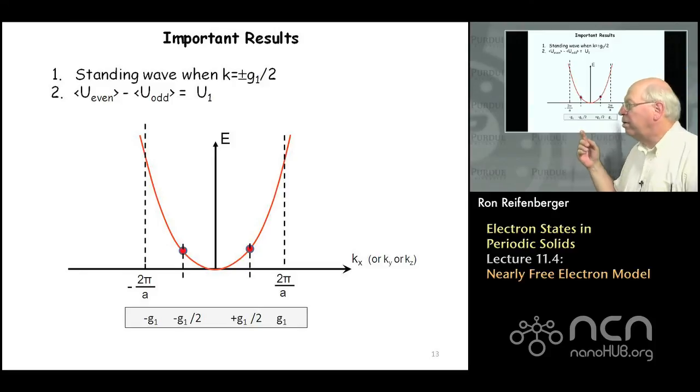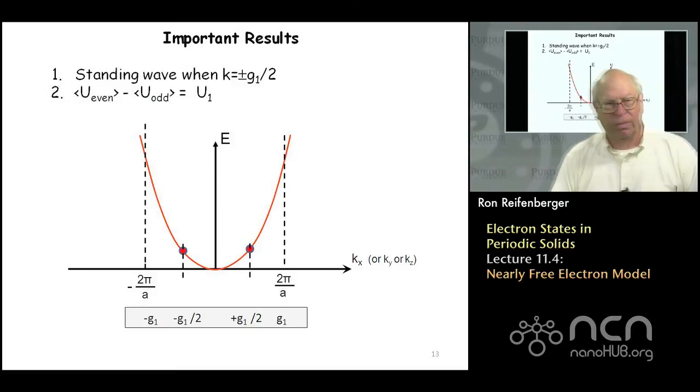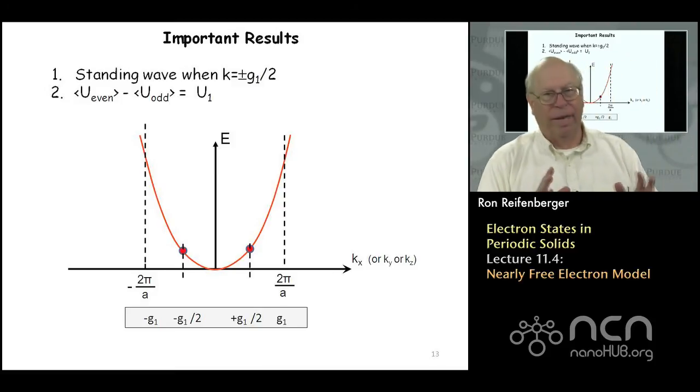So we might expect something very interesting to happen at these particular values of k, which are given as plus or minus G1 by 2, where G1 is the reciprocal lattice vector in one dimension.